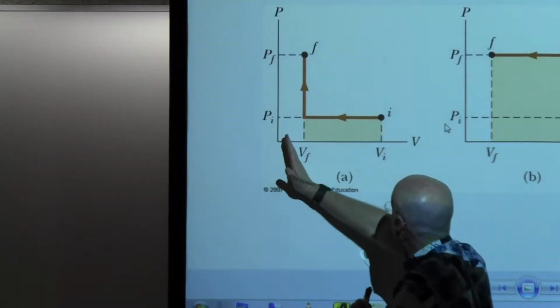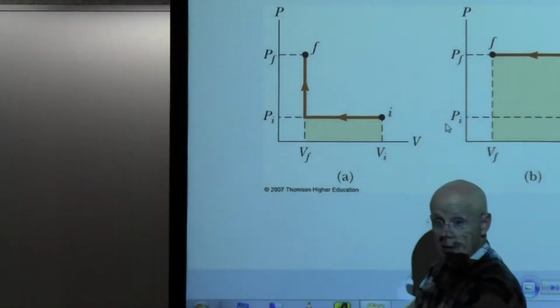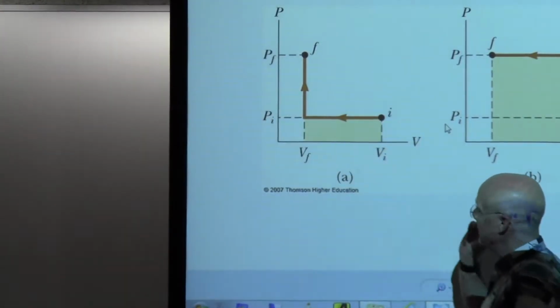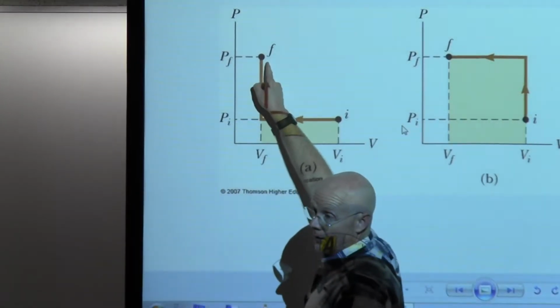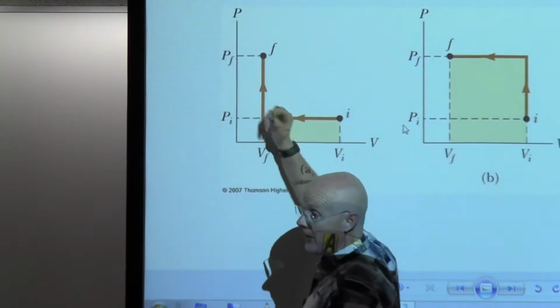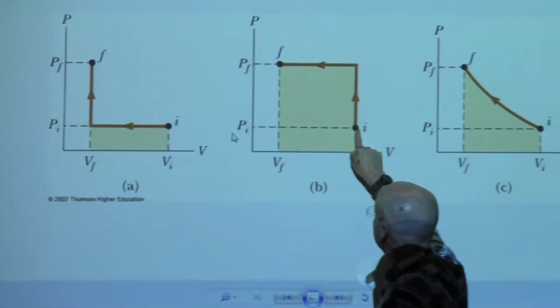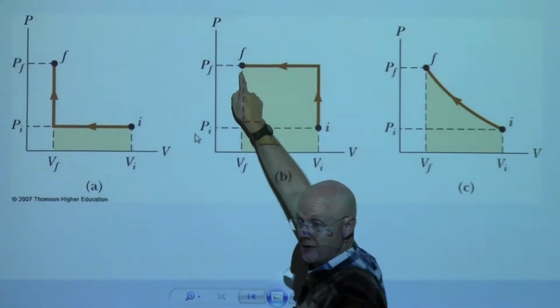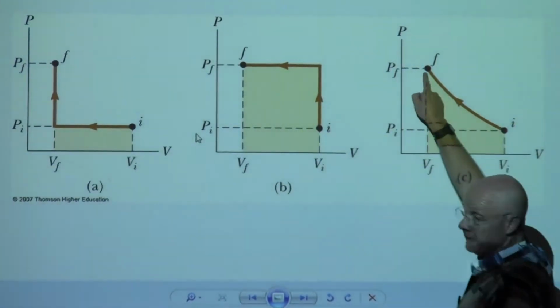So you might say it has a large volume and a low pressure. And then somehow it gets to here. Now they show a path. But the whole point of the three of these is, again, it starts here, finishes there.